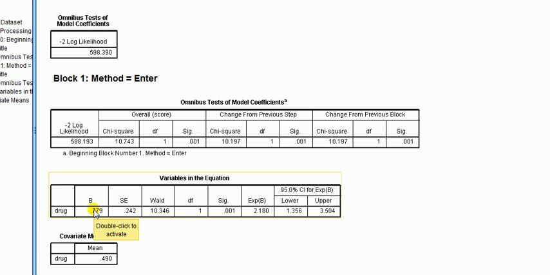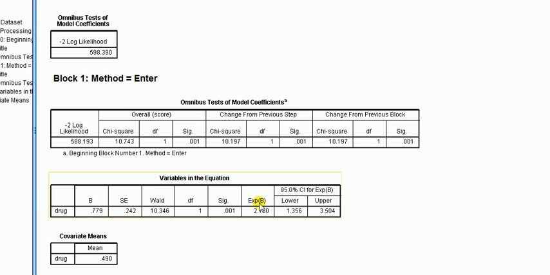Now if this coefficient is less than 0, it's the other way around. It means then that the risk falls for the group that takes drugs compared to the group that doesn't. Okay, so here it is positive, so that tells us that the risk is higher for drug users.